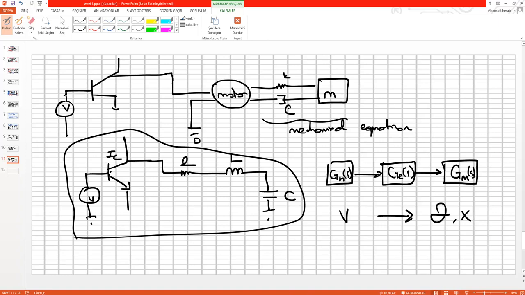And this is derived from the analogy principle. Okay, this analogy principle enables us to create the transfer function or to create the state space in control theory or system dynamics. Okay.